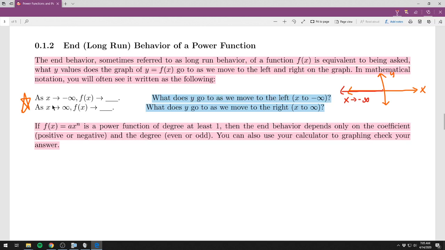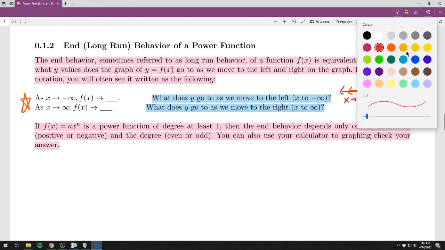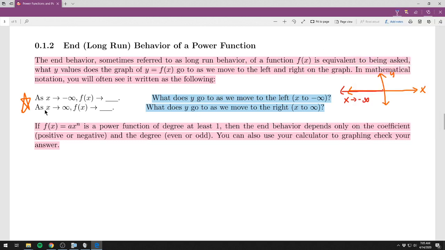This arrow means goes to. And x going to positive infinity is to the right. So if we want to ask what does y go to as we move to the right, it's written as x arrow infinity, x goes to infinity, f of x, or y goes to what?